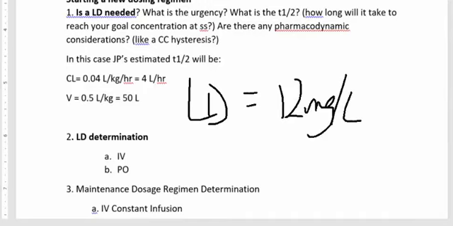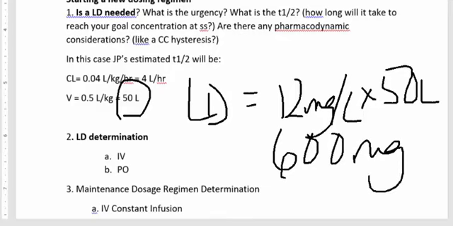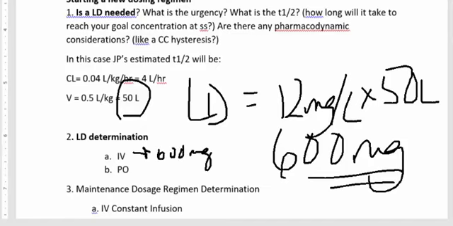And what's our volume of distribution? Well, we already determined it's 50 liters, right? And if we're giving it IV, we don't have to worry about bioavailability. So it's just 50 times 12, isn't it? 50 times 12, we don't really need a calculator for, is 600 milligrams, isn't it? So our IV is going to be a 600 milligram loading dose of theophylline to get a target concentration of 12 milligrams per liter.